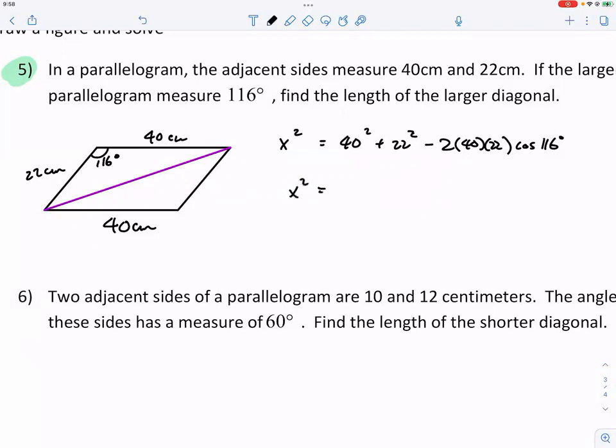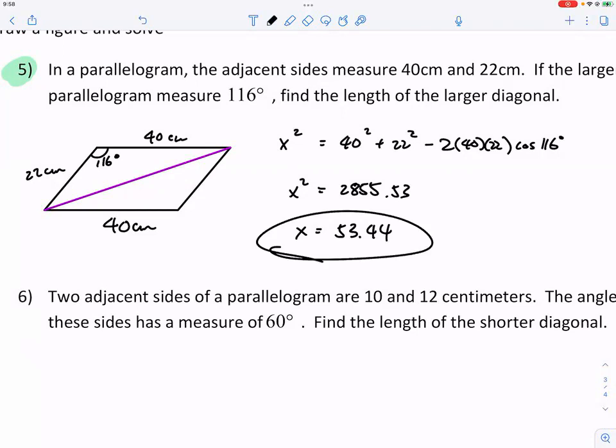So just go ahead, calculator work all the way. 40 squared plus 22 squared minus 2 times 40 times 22, cosine of 116. That would give you a pretty big number, 2,855.53. So then you take the square root of that number. It should give you 53.44. Does it make sense to have a number that's 53 in this case?